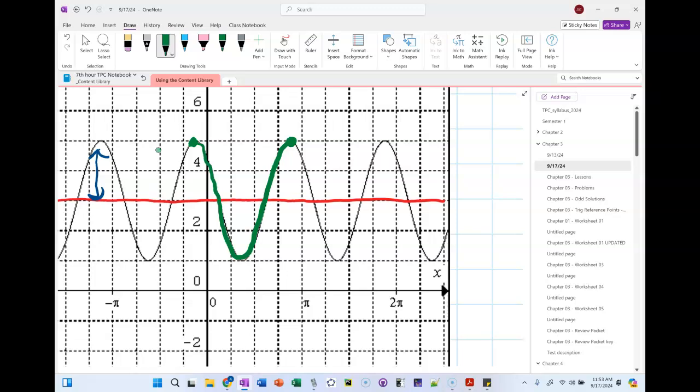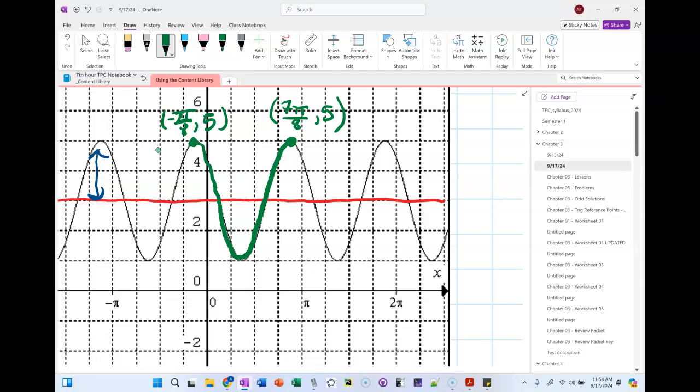An eighth. So this spot over here would be negative pi over 8, comma 5. And this one over here, let's see, that's 2 eighths, 4 eighths, 6 eighths, 7 eighths. Is everybody okay there?